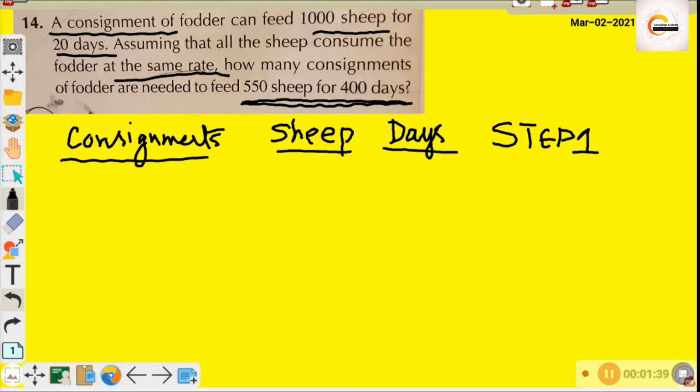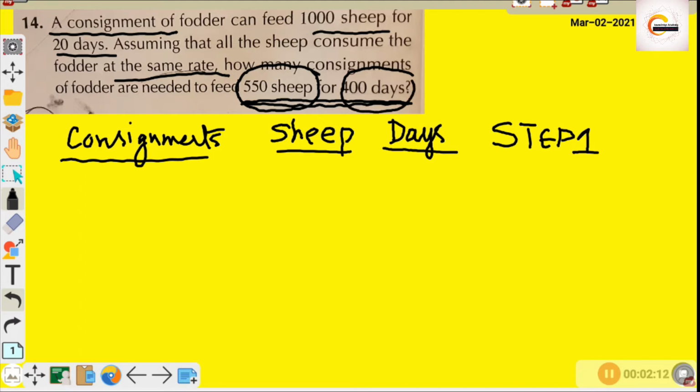So first of all, in the first step I am going to find out how many days 550 sheep will take to finish the consignment of fodder. Then in the next step I am going to find out how many consignments these 550 sheep will require for 400 days.